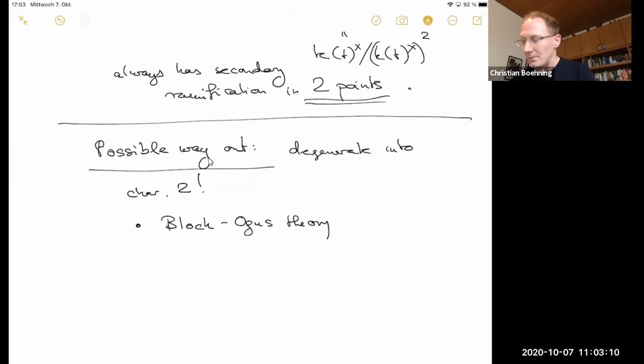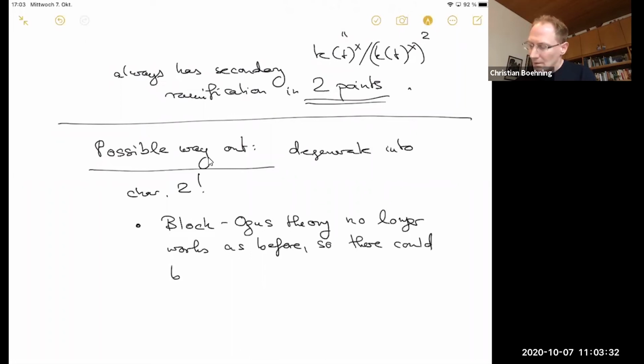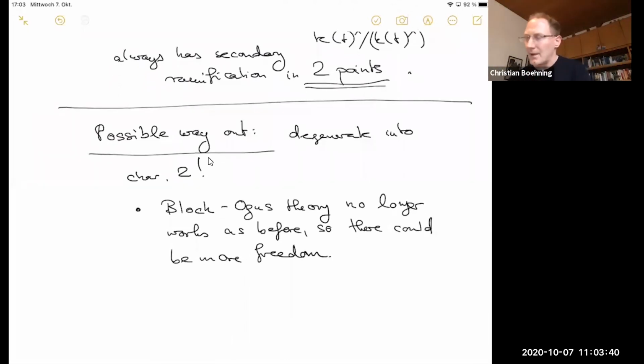So residue maps are not everywhere defined, but there is a fix to this using ideas by Merkurjev. But I just want to point out that Bloch-Ogus theory no longer works as before. So there might be more freedom, could be more freedom for possible discriminant profiles of conic bundles to exist, and also there exist Artin-Schreier double covers.